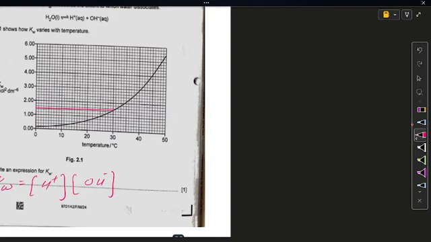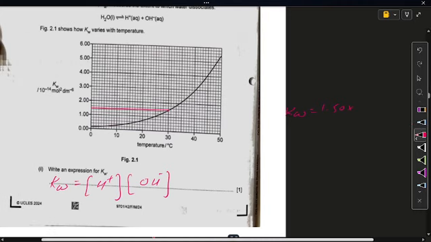So you will divide 1 by 5, 0.25, and this value is at the middle of two boxes full, and the third one is at the half. So it means that Kw at 30 degrees seems to be 1.50 times 10 raised to the power of minus 14. That is the value at 30 degrees. Once your temperature is 30, your value for that Kw is 1.50. So I just pick up that value.